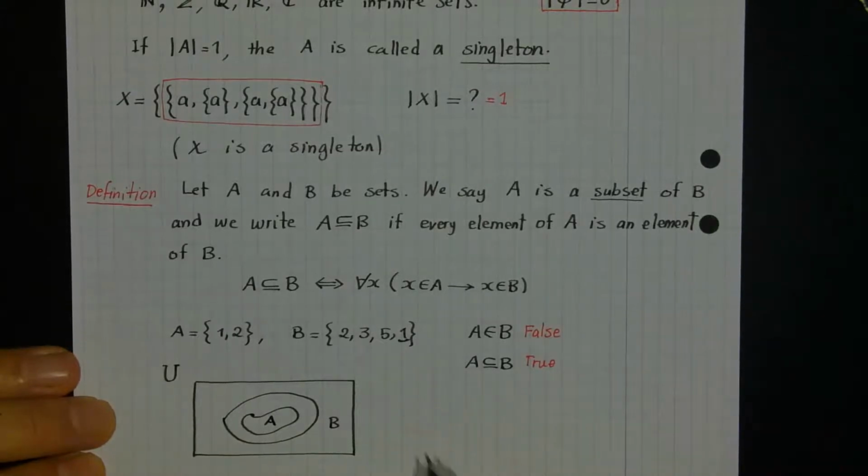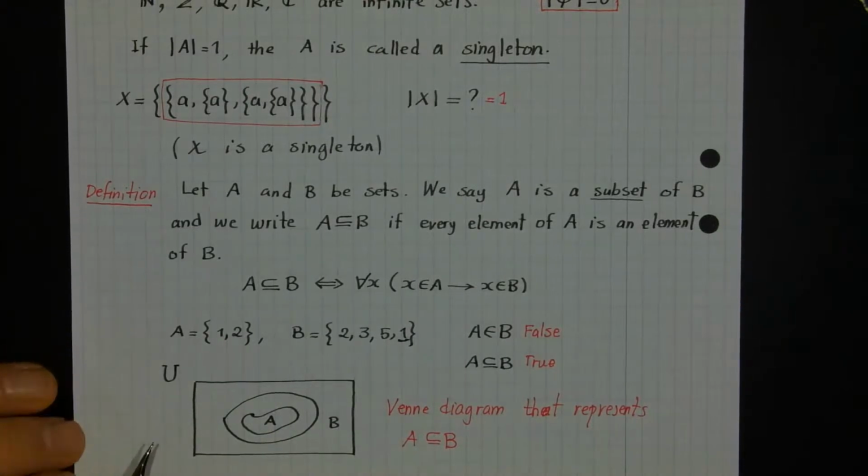Okay, Venn diagram that represents this statement: A is a subset of B, not belonging to. So this is my universal set. I have a set. I have another set. As you said now, A is contained in the set B. So being contained is just a notion of it being a subset.